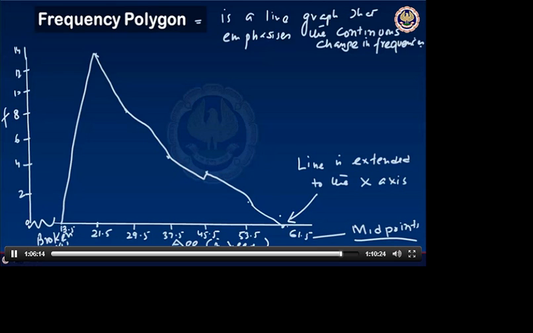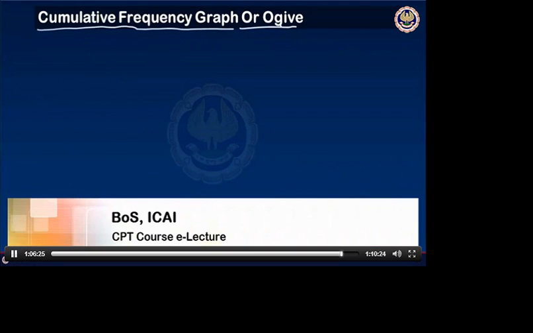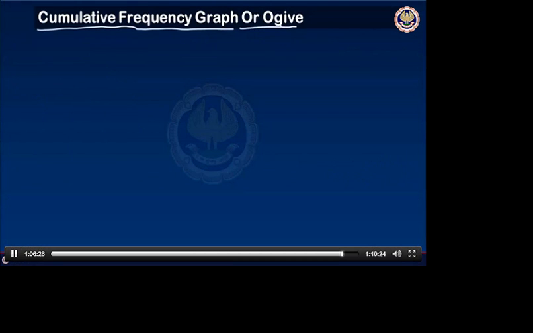So now we are going to ultimately make a cumulative frequency graph, or it is called an ogive. It is a line graph that displays the cumulative frequencies of each class at its upper class boundary. So now let's make it.